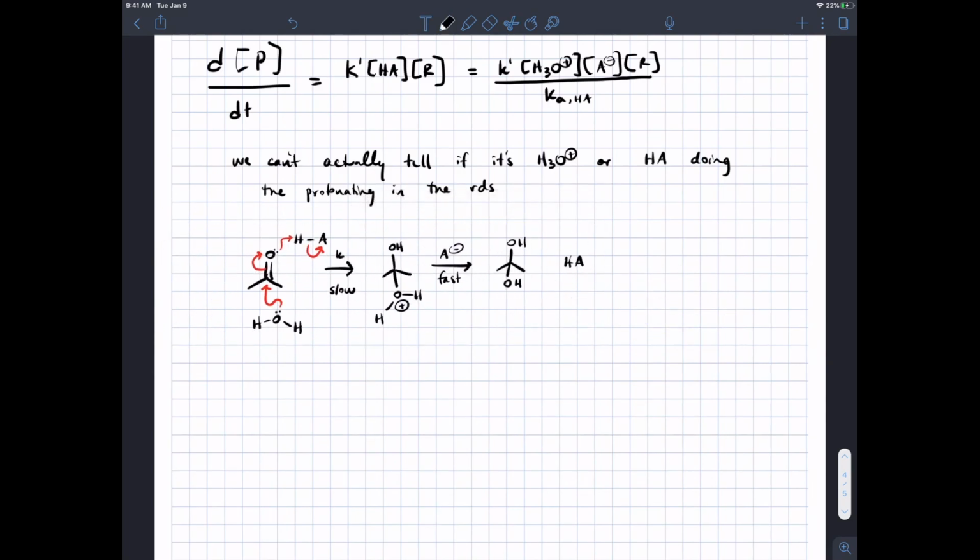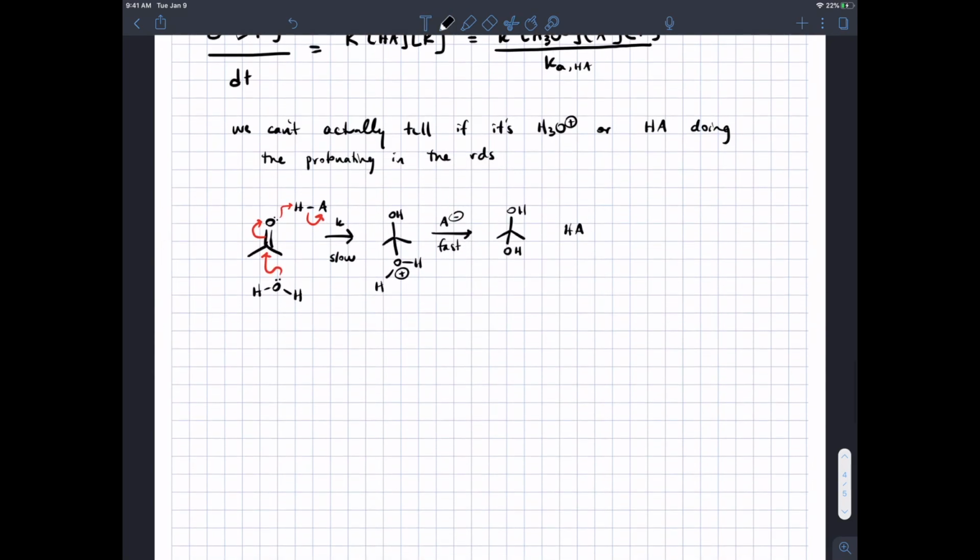And you could propose an alternative mechanism wherein you would have, let's see, let me rephrase this because I think I got it a little bit wrong.